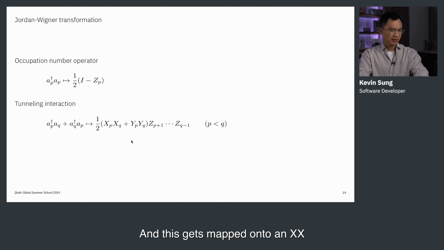And this gets mapped onto an XX plus YY interaction in qubit land. However, we also have this Z string going between qubits P and Q. So it acts on qubit P, qubit Q, but then also the ones in between.